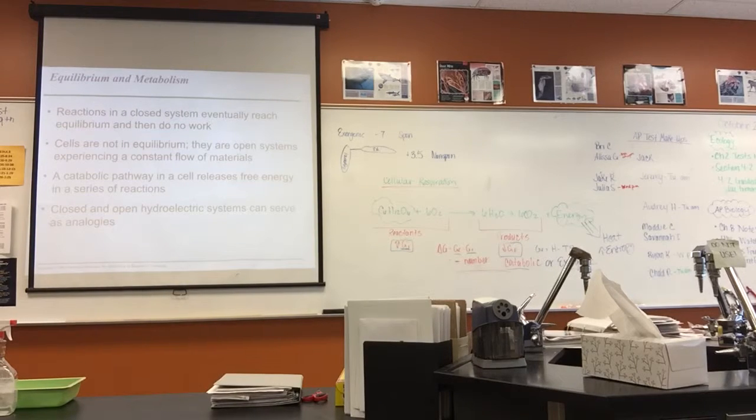There's picture A, B, and C, labeled underneath the picture. Just look at A and B for a second. What I'd like you to do is to label which one is open and which one's closed.